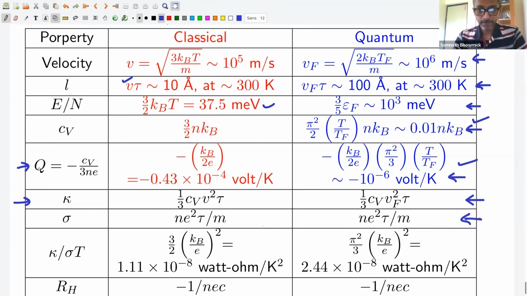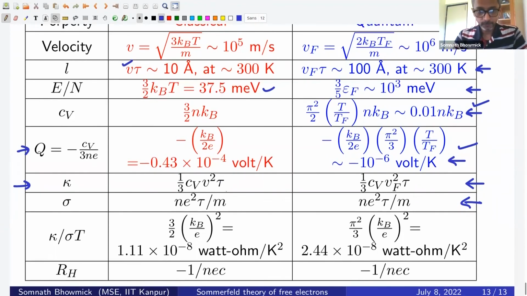Electrical conductivity is sigma. They are also the same in the classical and quantum model because it does not depend on either velocity or the energy. And as a result, if we calculate the ratio of kappa divided by sigma T, they are surprisingly very close to each other in case of quantum as well as classical model.